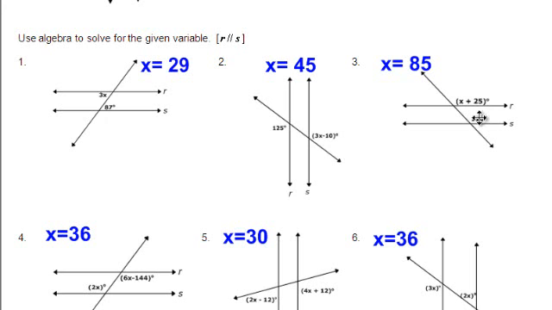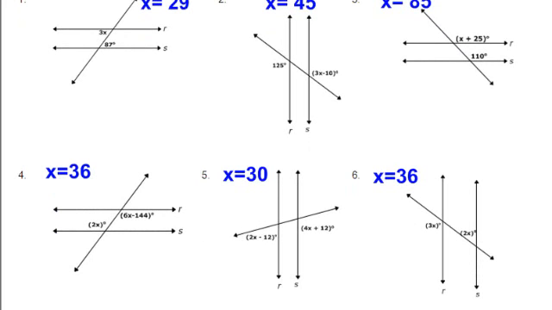Problem 3, they are also congruent, so x plus 5 equals 110. Problem 4, congruent, 6x minus 144 equals 2x. And 5, they are supplementary, so that's 2x minus 12 plus 4x plus 12 equals 180, okay? And we did the last one together.